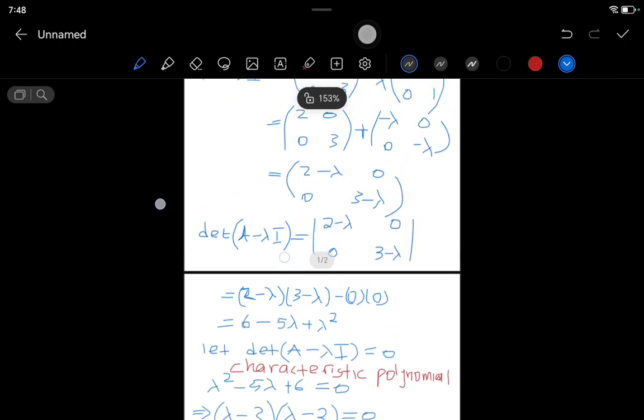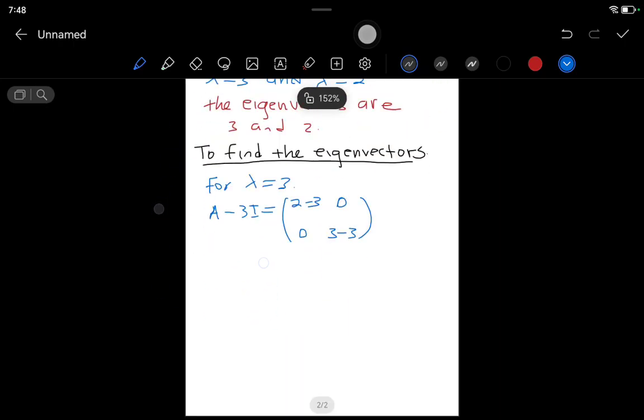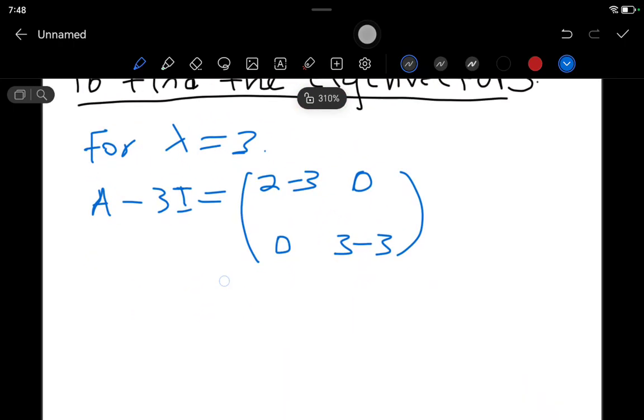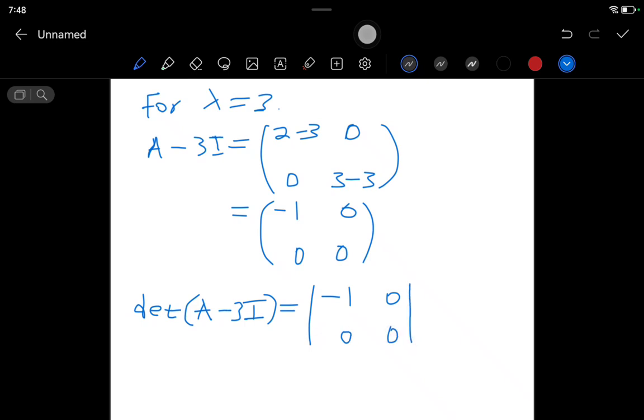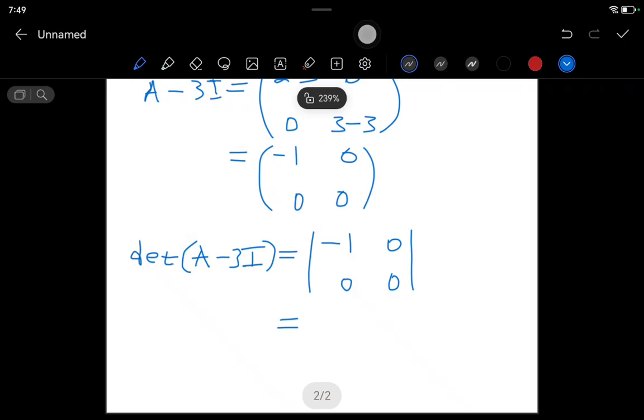Now this is going to be minus 1, 0, 0, 0. Now we come and find the determinant, and we find that the determinant here is 0.